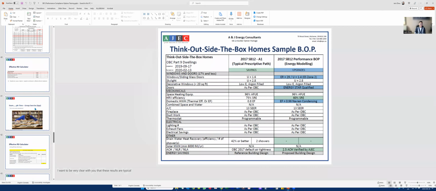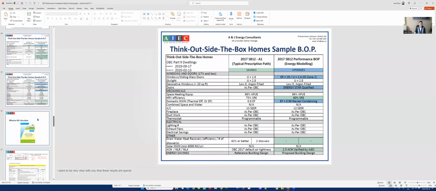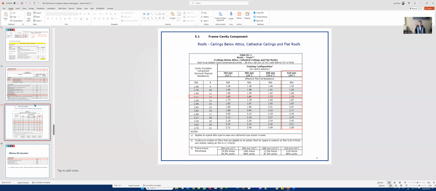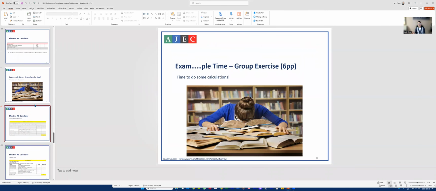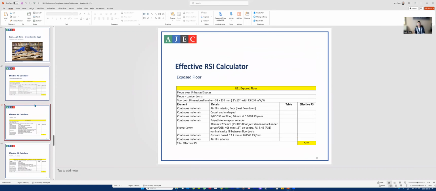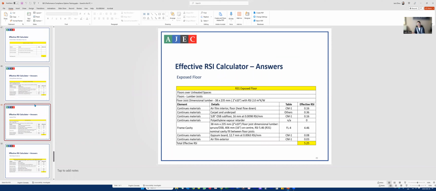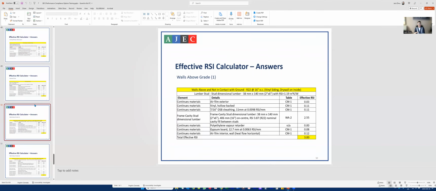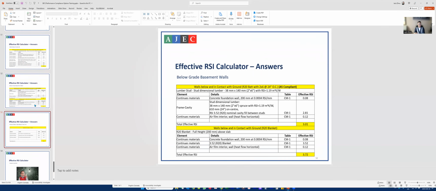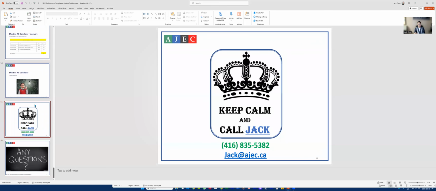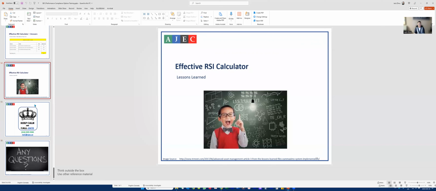Now the rest, if you look at here, is more examples of how you can calculate effective RSI value. So I gave you these questions, right? And then I also gave you answers here. I don't know if you guys have this presentation, but I shared it with Lola already. So I don't know if she's here, but if she's here, then she could.